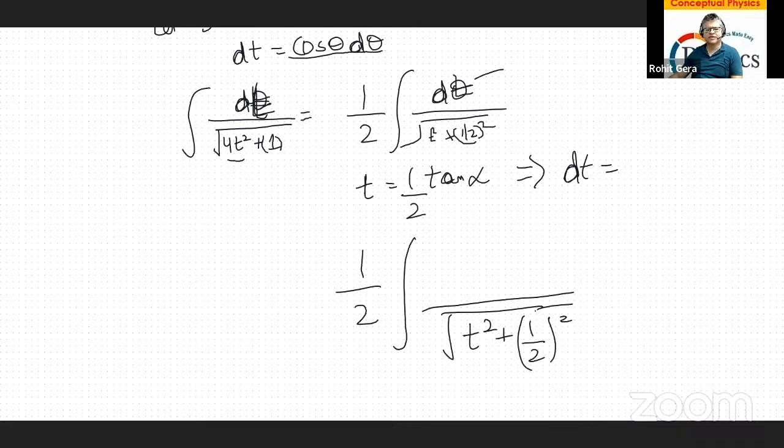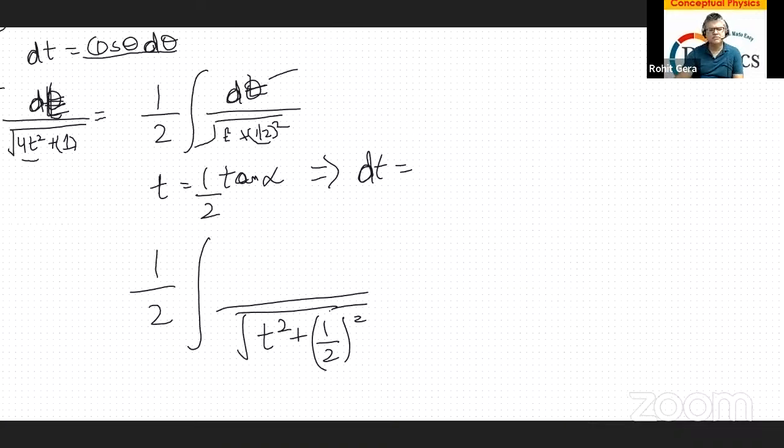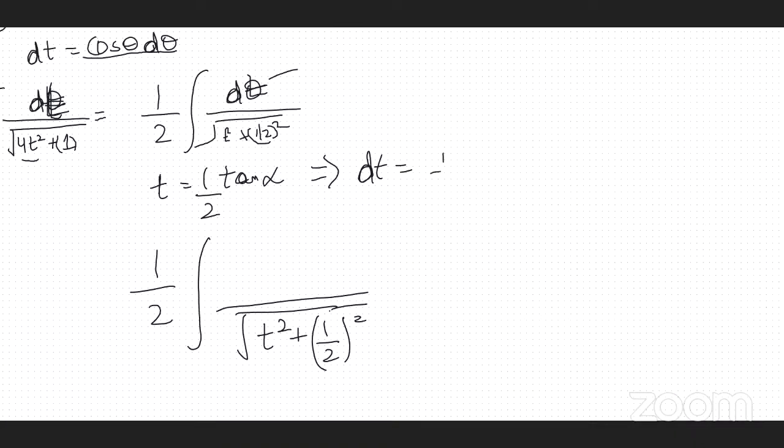What is the derivative of tan alpha? Secant square alpha. Sec square alpha.